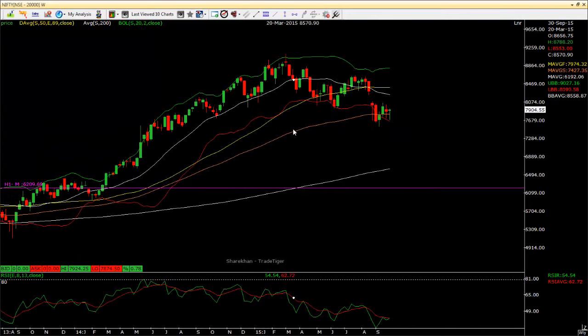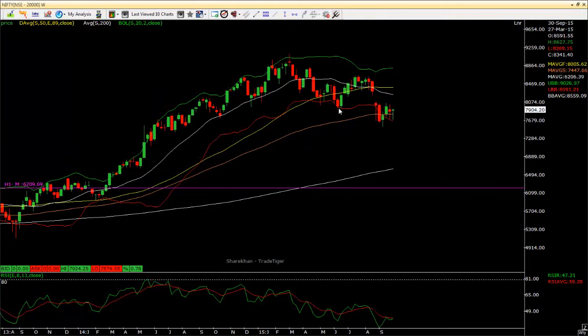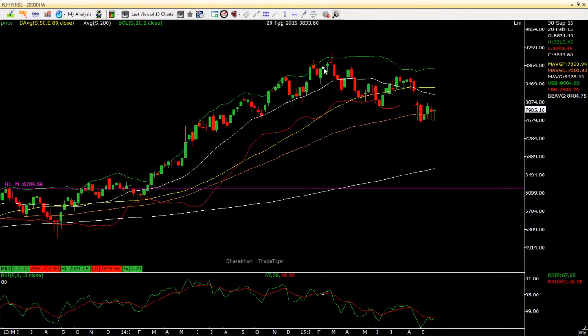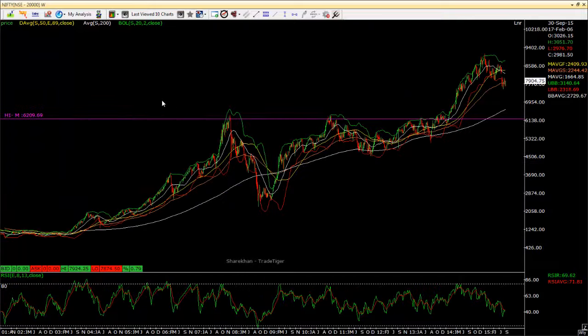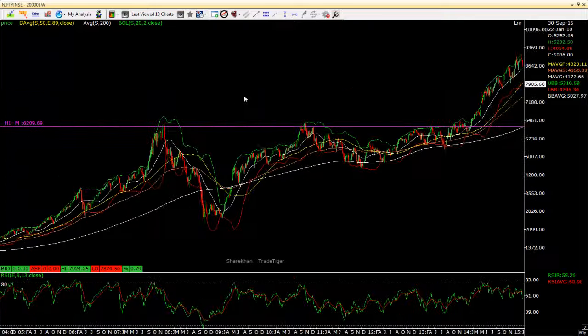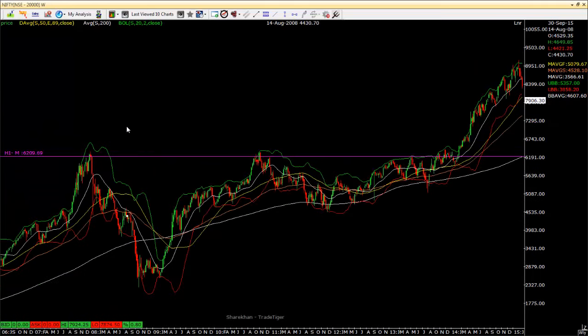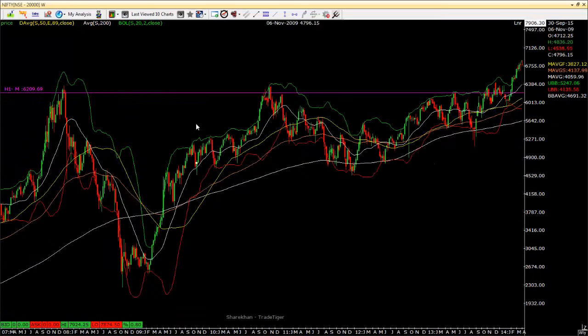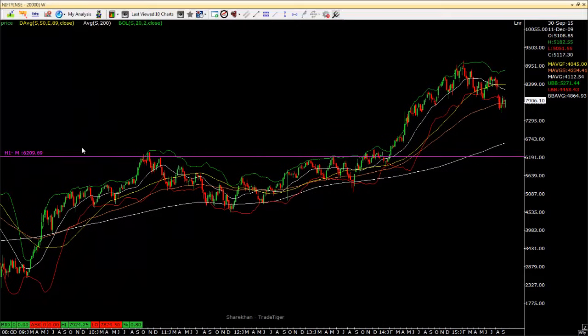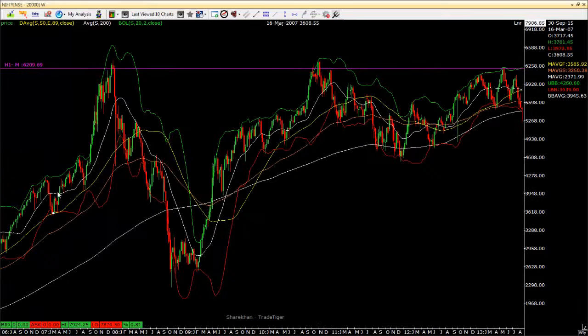So the weekly, pretty much the same thing. Obviously, let me just move back. I'm trying to zoom in as much as I can. I don't think we need the RSI. So there we are. Now if we see, there was a really strong rally. Now this is December 2007.